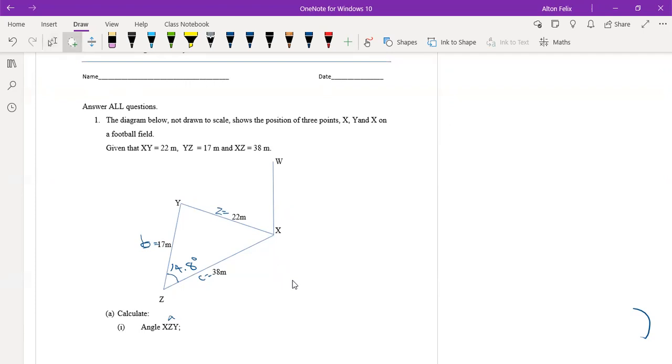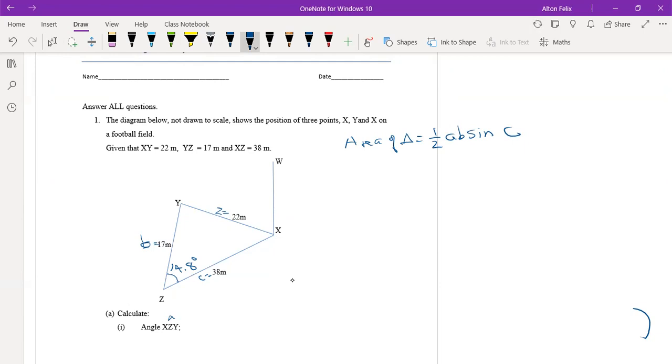Okay, so this is a general formula for area of a triangle. Area of a triangle is half AB sine C. So it will be the half, the product of the other two sides, sine the third angle, okay?